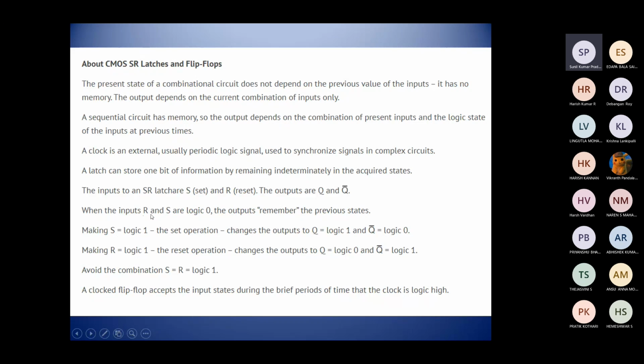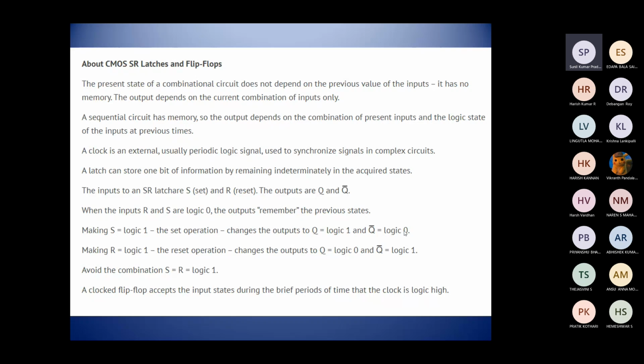When the inputs R and S are logic 0, the output remembers the previous state. Making S equal to logic 1, the set operation, changes the output to Q equal to logic 1 and Q complement equal to logic 0. Making R equal to logic 1, the reset operation, changes the outputs to Q equal to logic 0 and Q complement equal to logic 1.